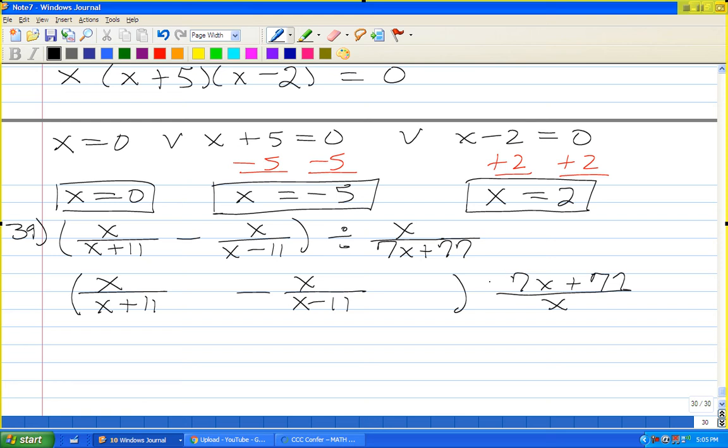And so let me get a common denominator. The common denominator is x plus 11 times x minus 11. So x plus 11 times x minus 11.